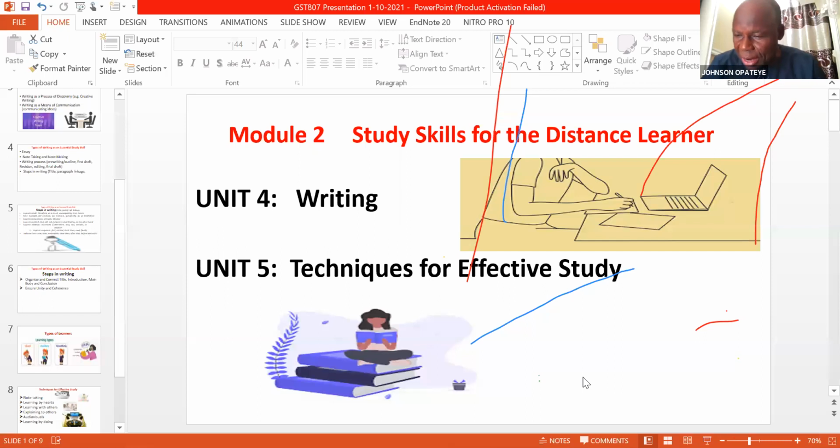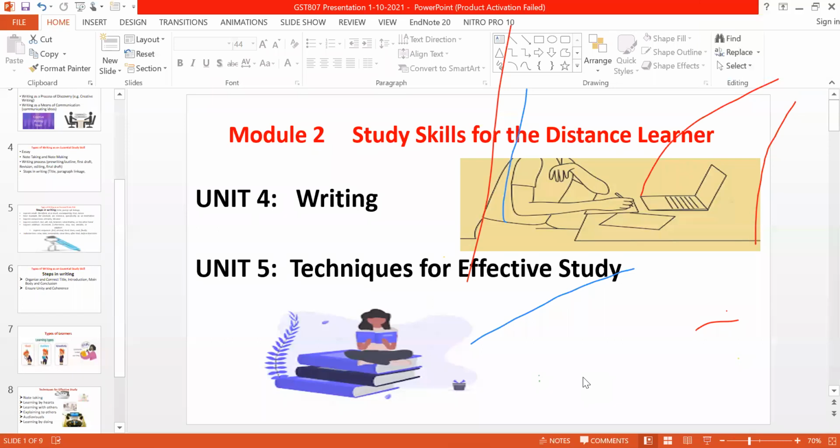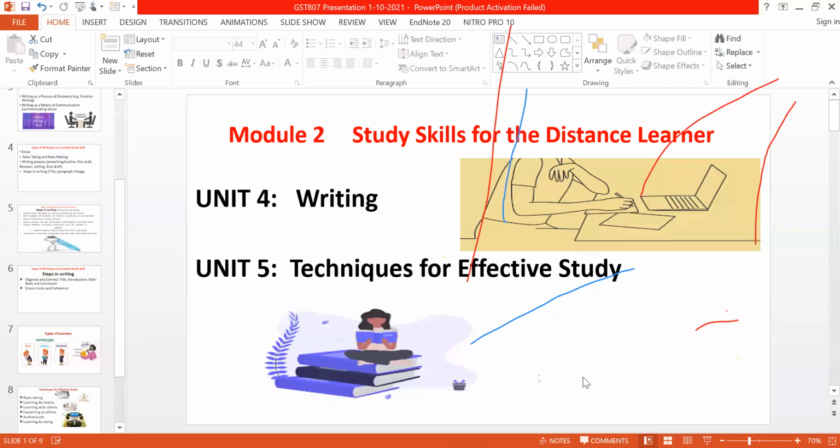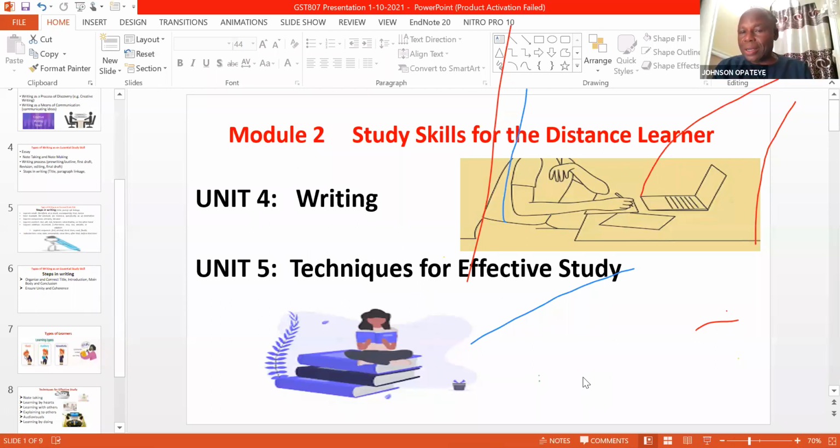Thank you very much. So Mr. John has told us about different types of learners that we have, vis-a-vis your study skill. That is the area we want to look at. We have visual learners, auditory or oral learners, tactile or kinesthetic learners, and verbal learners.